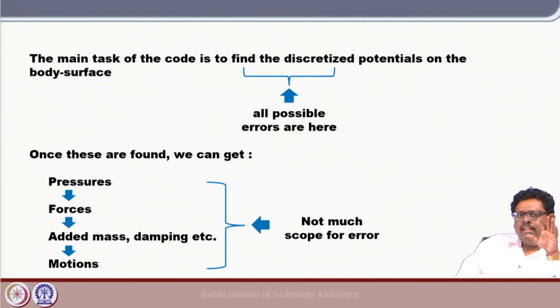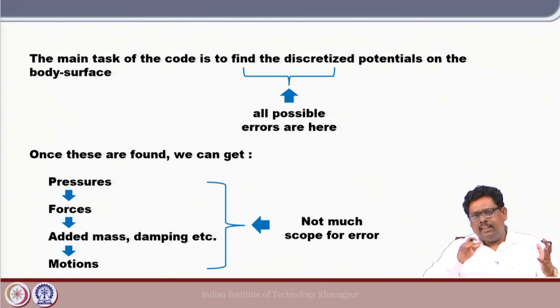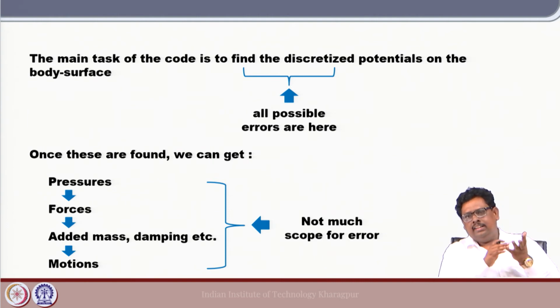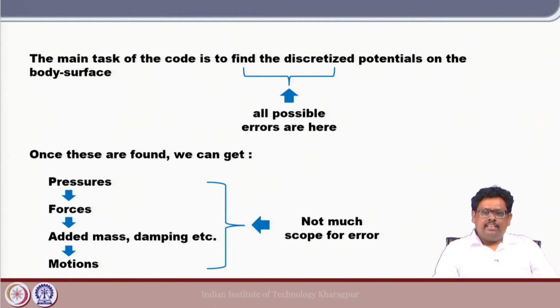As I mentioned, the main task of the code is to find the discretization of the potential function on the body surface and get this influence matrix B_i and A_ij. These are the major difficulty.